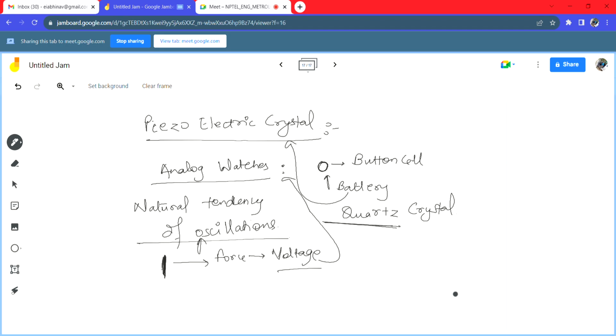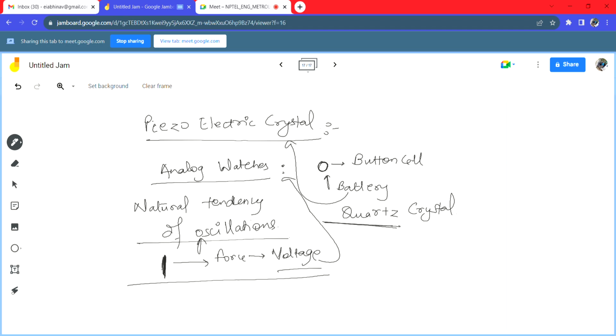This is a very simple example of a force to voltage conversion. But here, this is not being used conventionally as a transducer. Quartz crystal used as a cell in analog watches is not a transducer.